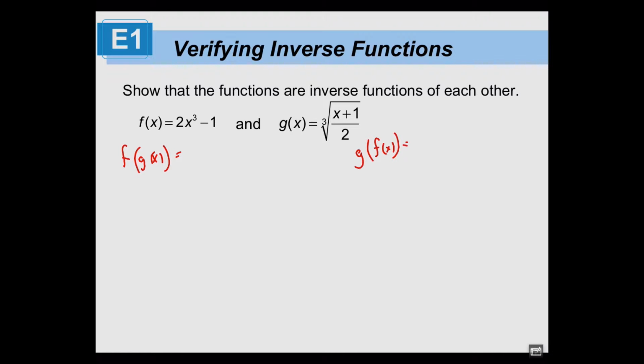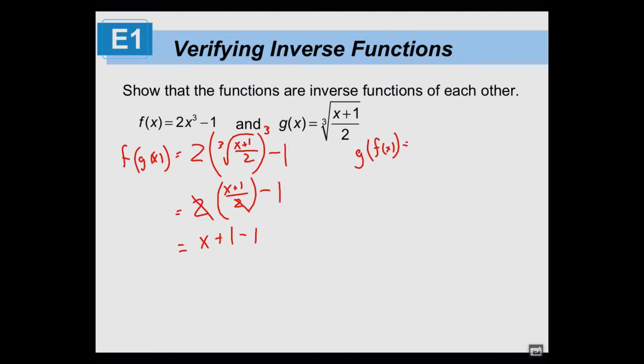I'm going to take G of X and put it into F of X. So I get 2 times the quantity, the cubic root of x plus 1 over 2 cubed minus 1. What happens when you cube a cubic root? It cancels. So 2 times x plus 1 over 2 minus 1. Oh, look, the 2's cancel. X plus 1 minus 1 gives me x.